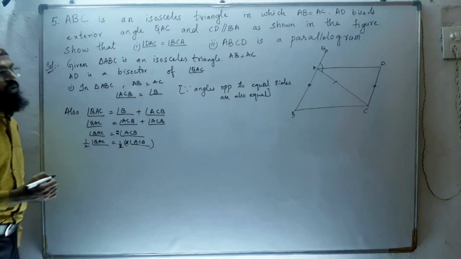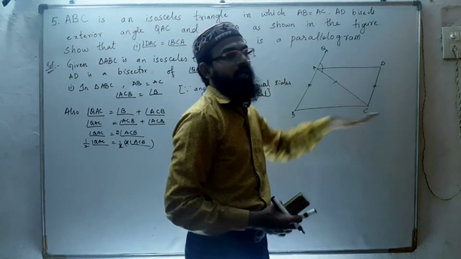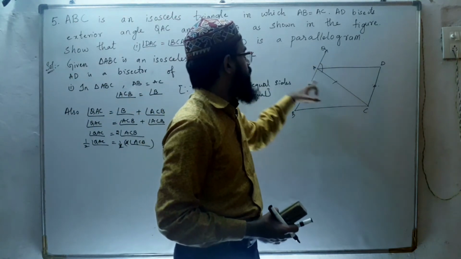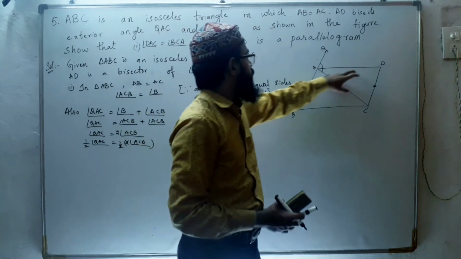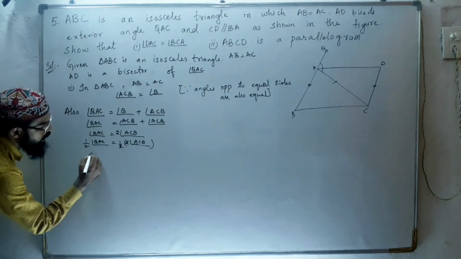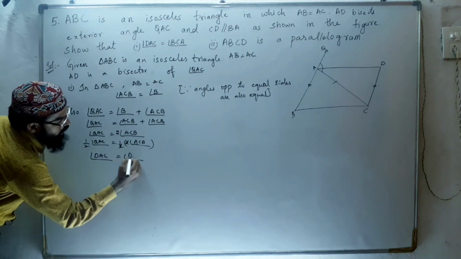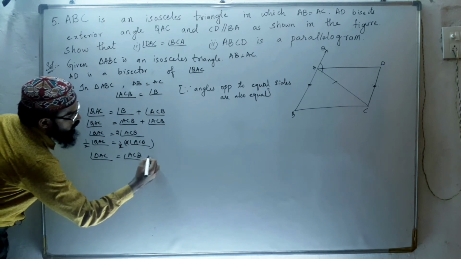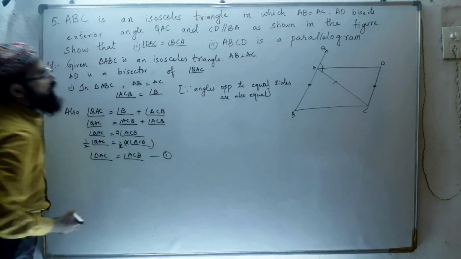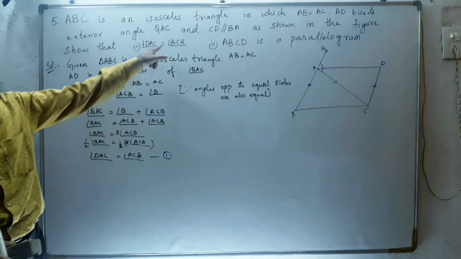So half of this QAC: AD is nothing but the bisector. Bisector means it is dividing this QAC into two equal halves. So half of QAC can be taken as DAC. DAC is equal to angle ACB. So this is the first point which we have to show: DAC is equal to ACB or BCA.